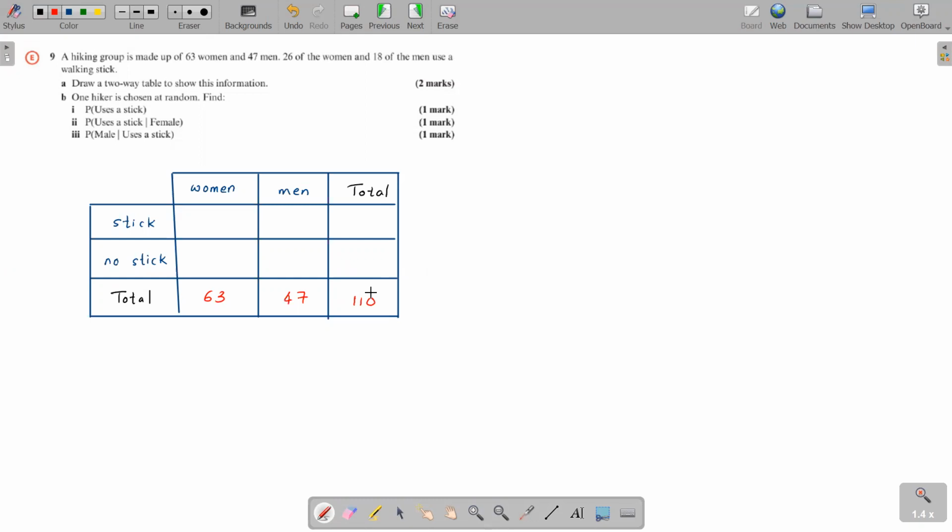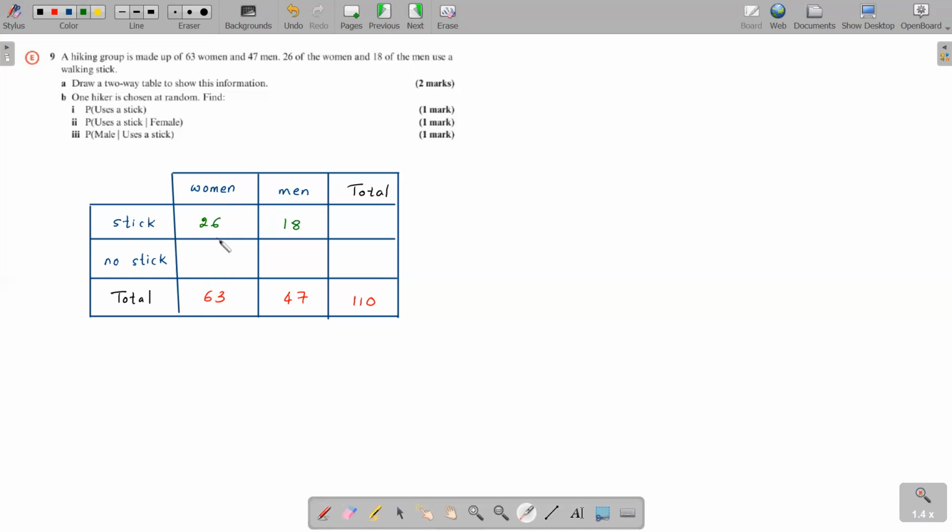Okay. So out of that, they say, from 63 women and 47 men, 26 of the women and 18 of the men use a walking stick. So now you can see how many women don't use the walking stick, because out of 63, if 26 use the walking stick, then 63 minus 26 is the number of women who do not use it, right?